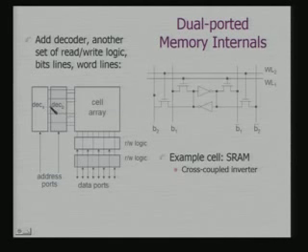The 2 decoders are there because there can now be addresses coming from 2 distinct buses, because there can be 2 simultaneous read accesses from a memory block. So, there are 2 distinct decoders and another set of read-write logic, bit lines and word lines. So, you have these 2 distinct data ports.